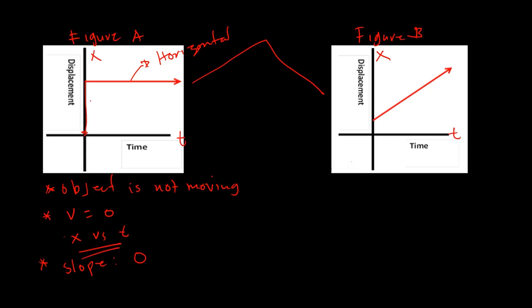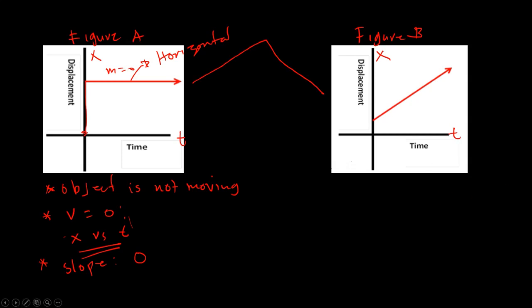Because m here is 0, since the position of the object is not changing, only the time. We cannot divide a number by 0 because that's undefined, so we can simply assume that the slope here is 0, and also the velocity is 0. If the velocity is 0, the slope is 0.